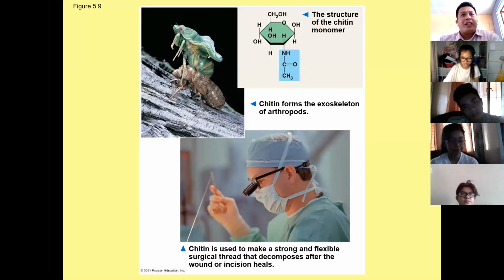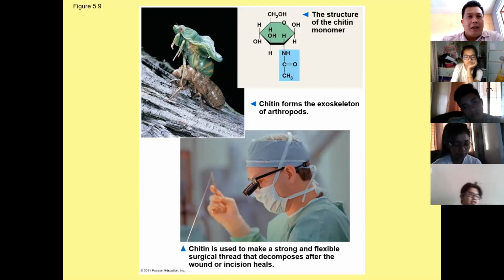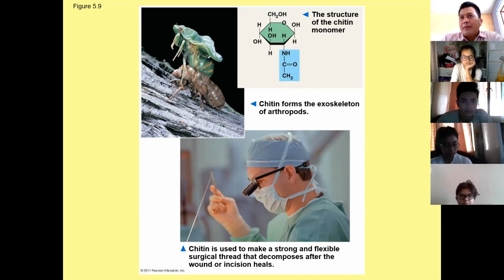They will be left there in a tree and they can be cultivated to be made as a thread. As I mentioned a while ago, chitin is used to make a strong and flexible surgical thread that decomposes after the wound or incision heals.